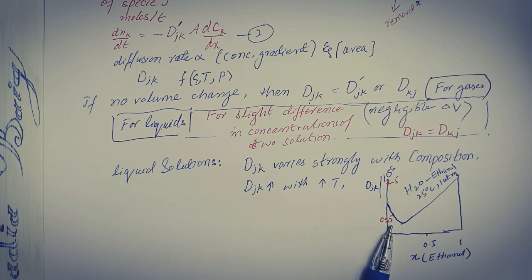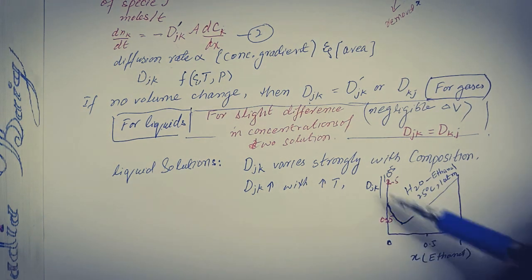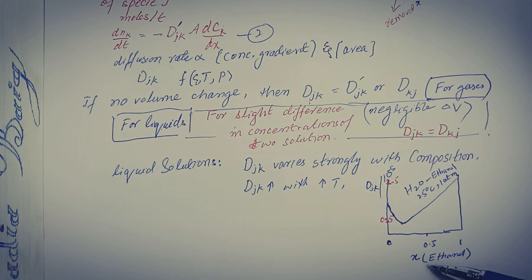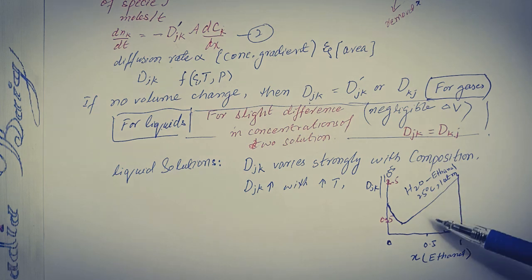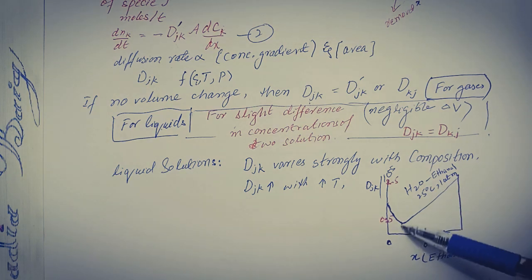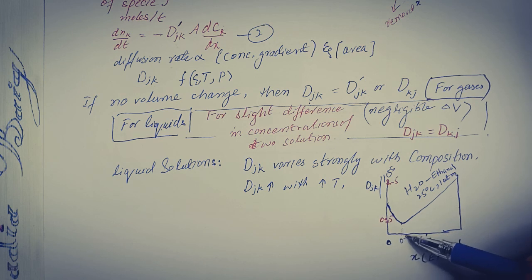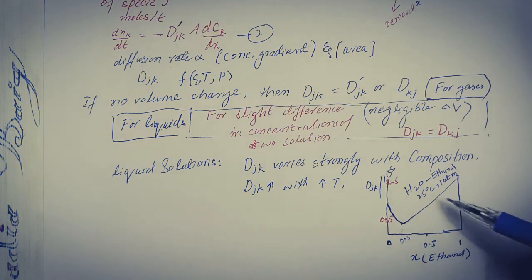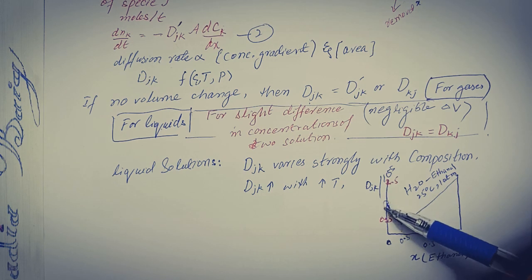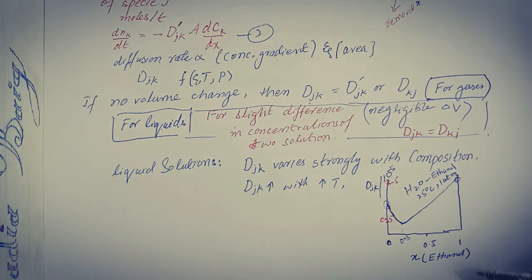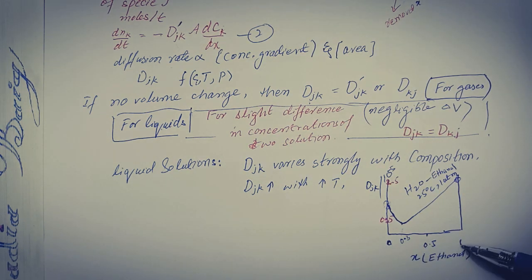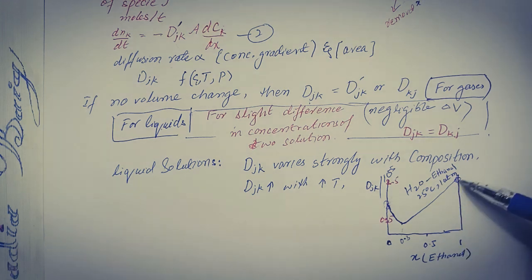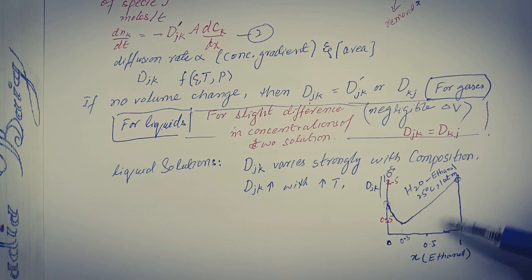So here we can see that the plot of mutual diffusion coefficient versus composition for water ethanol solution at 25 degrees centigrade and 1 atmosphere is showing a minima nearly at 0.3 mole fraction of ethanol, and the values of the diffusion coefficients at the 0 or 1 mole fraction of ethanol are being extrapolated from the plot.